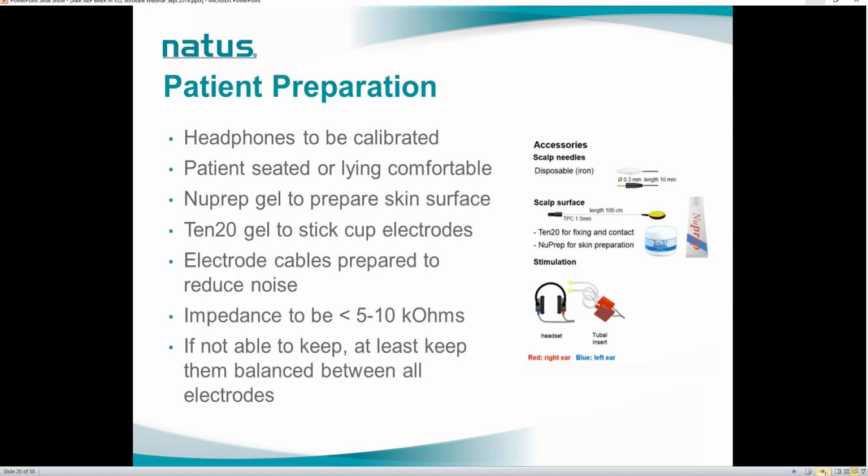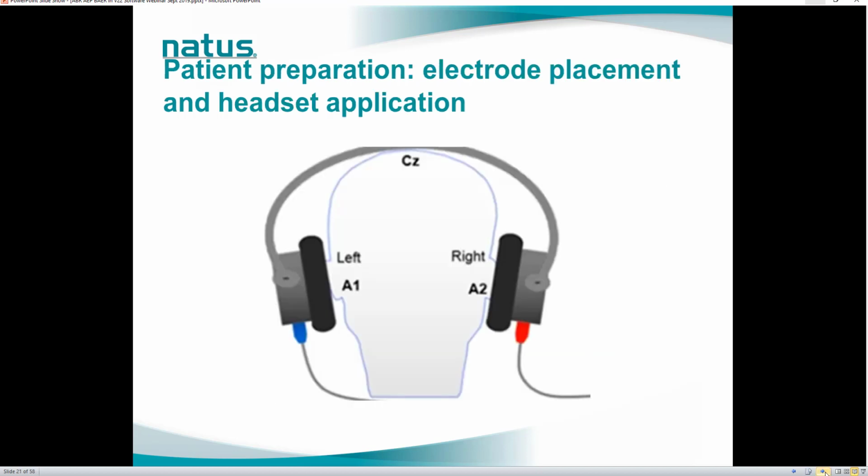And for mounting of the headphone, the headset, make sure that the red is to the right ear and the blue side is to the left ear. So this is what is illustrated.